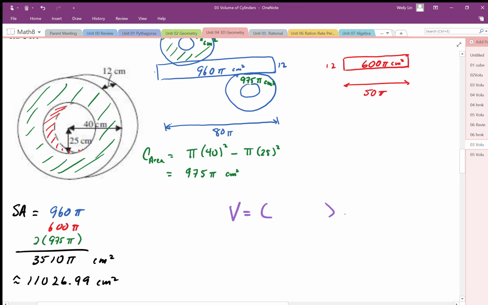So we can use the area of the base and multiply it by the thickness of 12, and that will give us the number of cubes, because this measures squares, and then we multiply squares by thickness, and that gives us cubes.